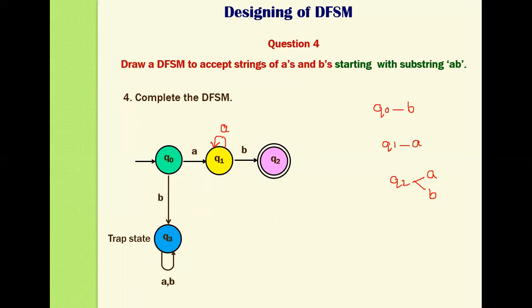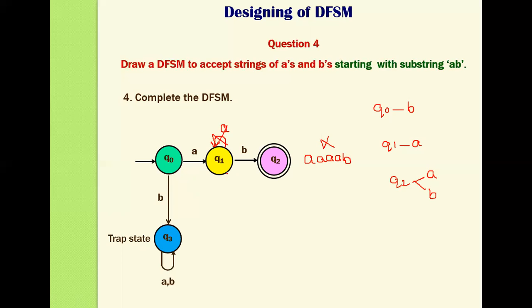My string would be A, A, A, so many A's, and then followed by B. This is not my valid string. It is not possible, so I can't go for a self loop.